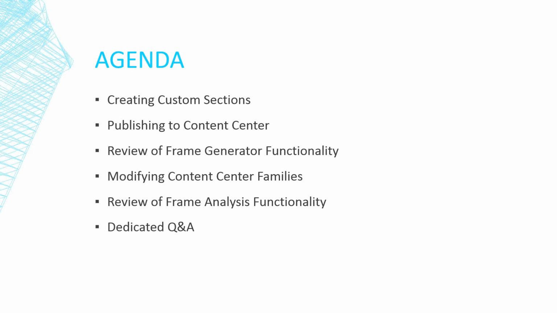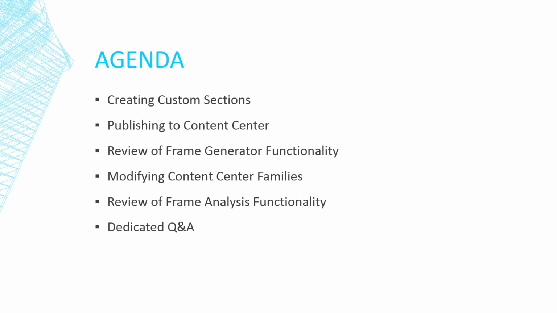Inventor's Frame Generator is really a great tool if you've got to do any sort of framework, like table frames or guards, things like that. But there are a lot of shapes in the world that aren't in the default libraries. So it's important that you know, if you're going to use Frame Generator, how to add your own sections. So that's what we're going to discuss this morning.